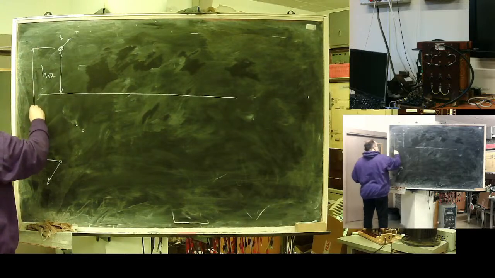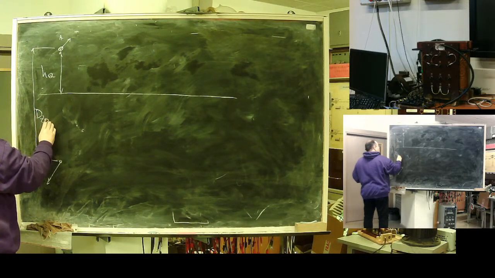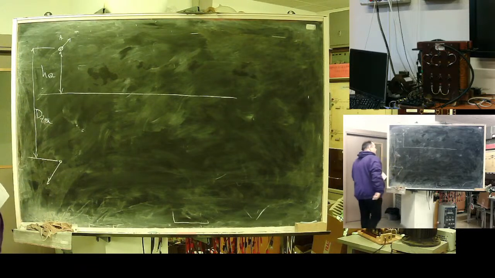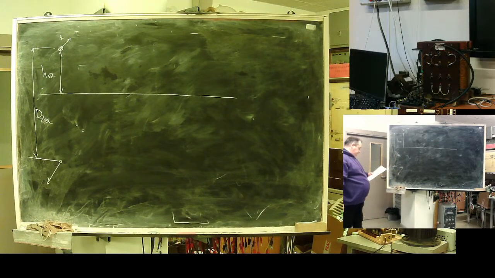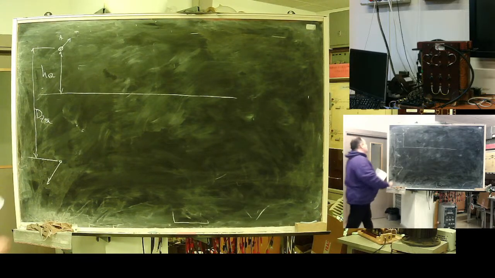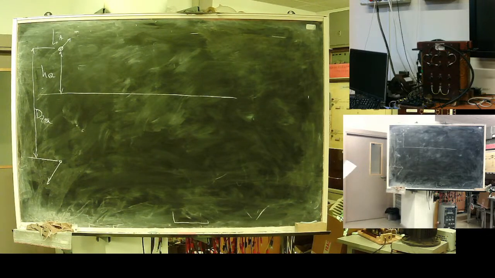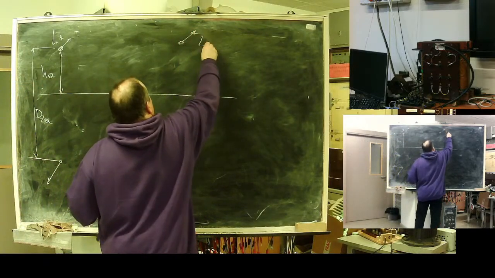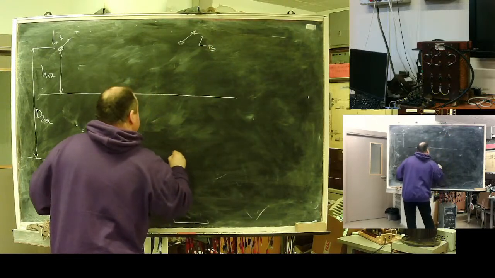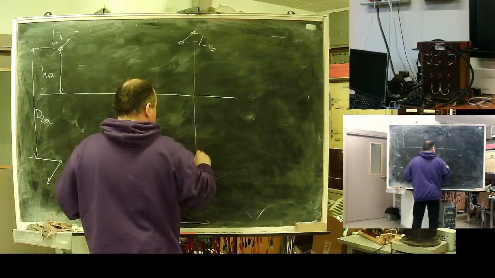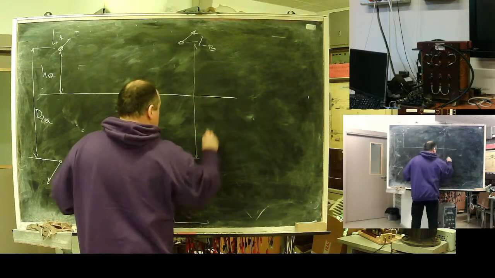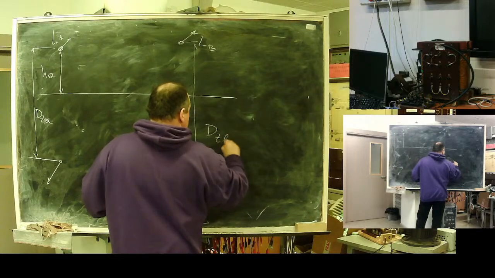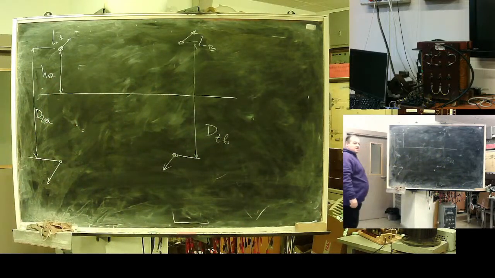This distance is D. So line A with its return here, line B with its return in the ground, at equivalent current return depth, is the B.